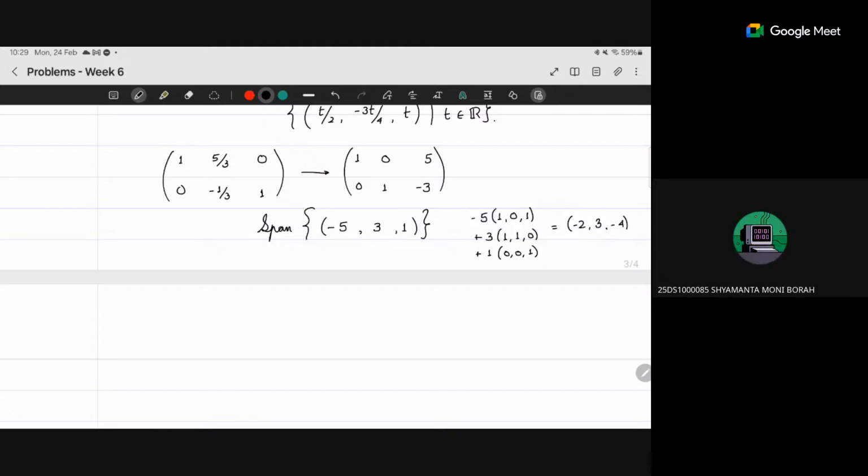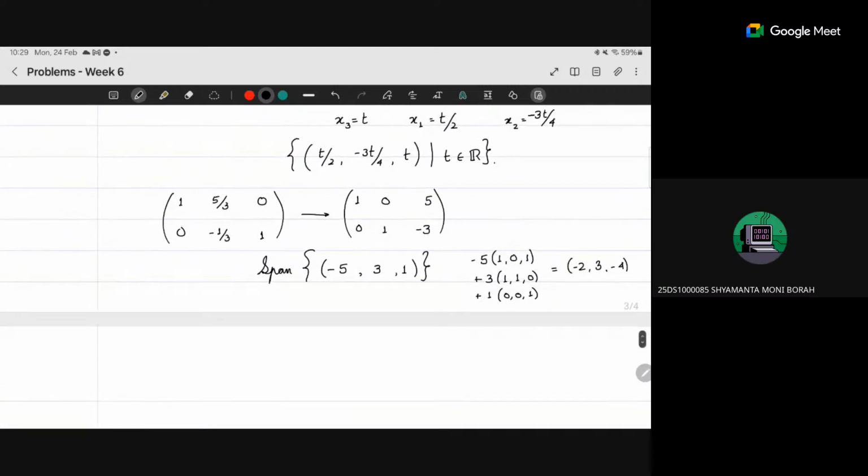So the kernel is actually 2t, minus 3t, 4t. I've just multiplied by a negative sign and taken the span. And you see that that is the same as this, right? If you multiply this by, say, 4, you'll get 2t, minus 3t, and 4t.